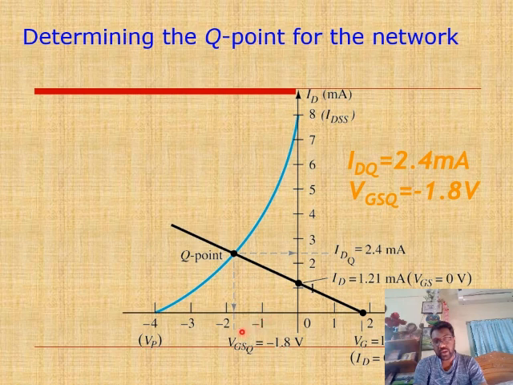In between we have the Q point: VGSQ is minus 1.8 and IDQ, the drain current at the Q point, is 2.4 milliampere. This is the load line.